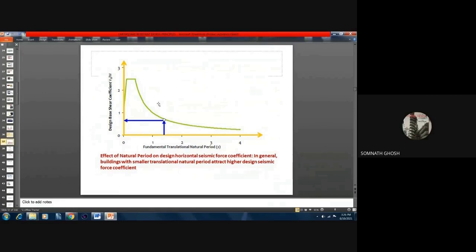And the base shear divided by the vertical load will give you something. And this is the time period. So just this ratio, the time period, similar kind of curve, same kind. But they are related. Just think about it.